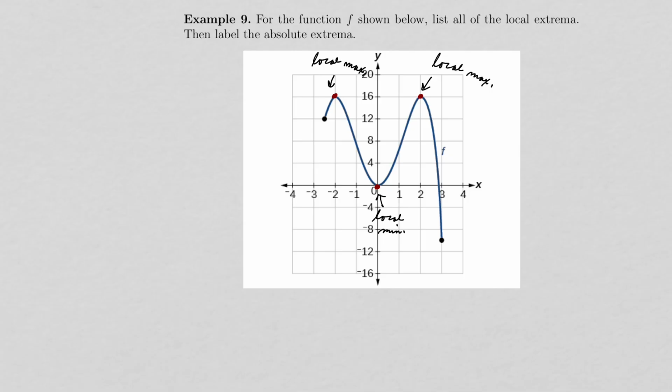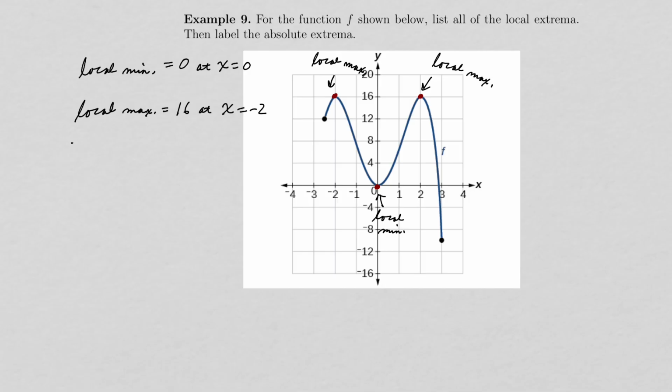Okay, so I'll say there's a local min, and it's equal to 0 at x equals 0, right? Because the point 0, 0 is where that valley is. Then there's a local max equal to 16 at x equals -2.